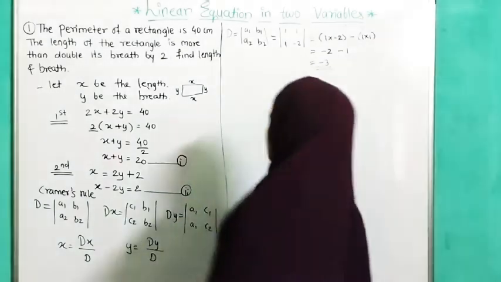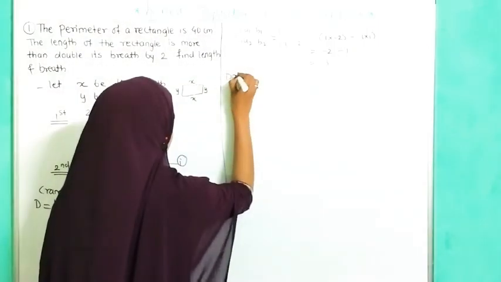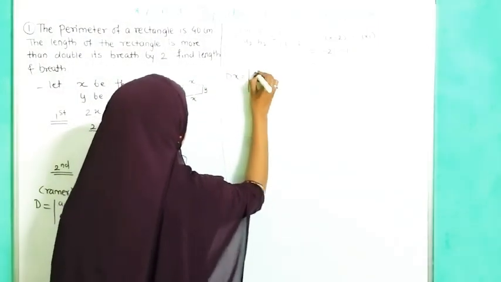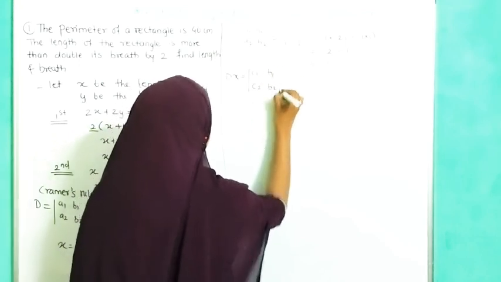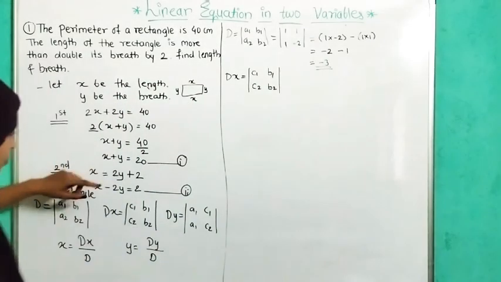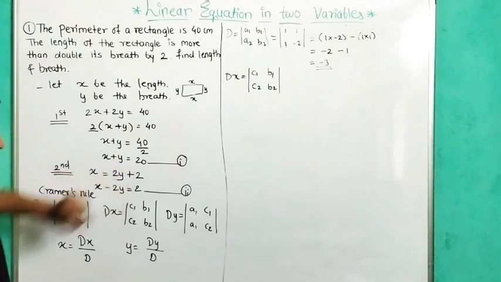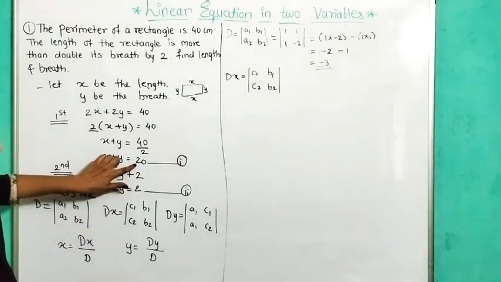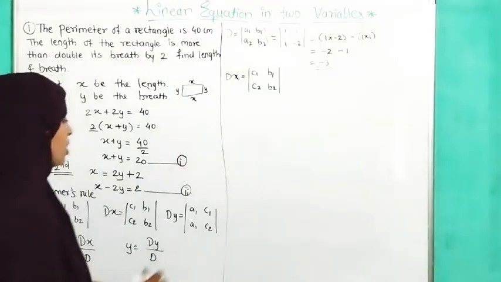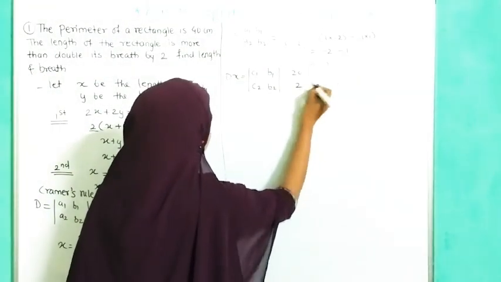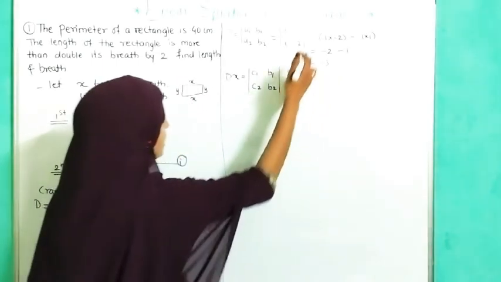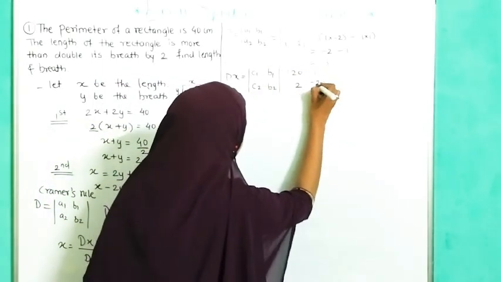Now we are going to see Dx. Dx is equal to the determinant of C1, C2, B1, B2. C1 is equal to 20 and C2 is equal to 2, and B1, B2 are 1 and minus 2.